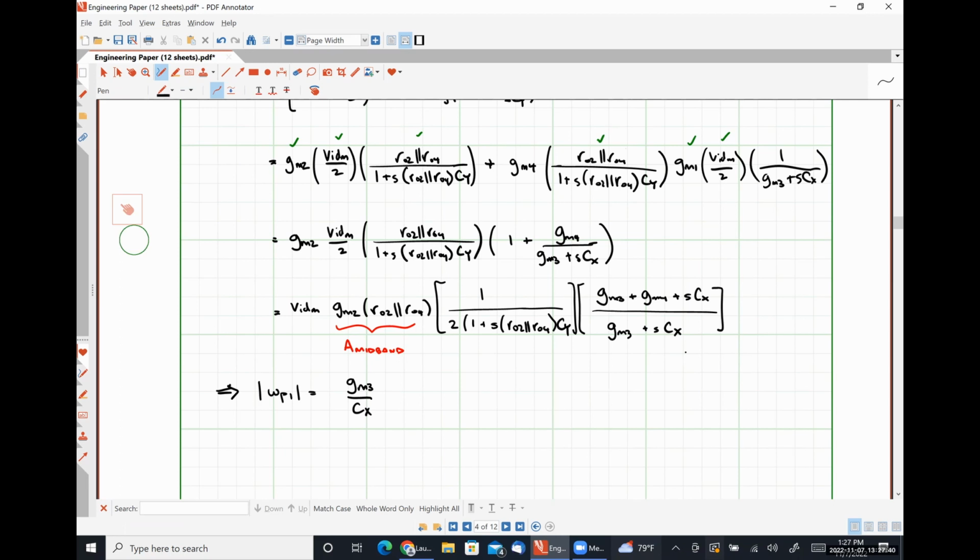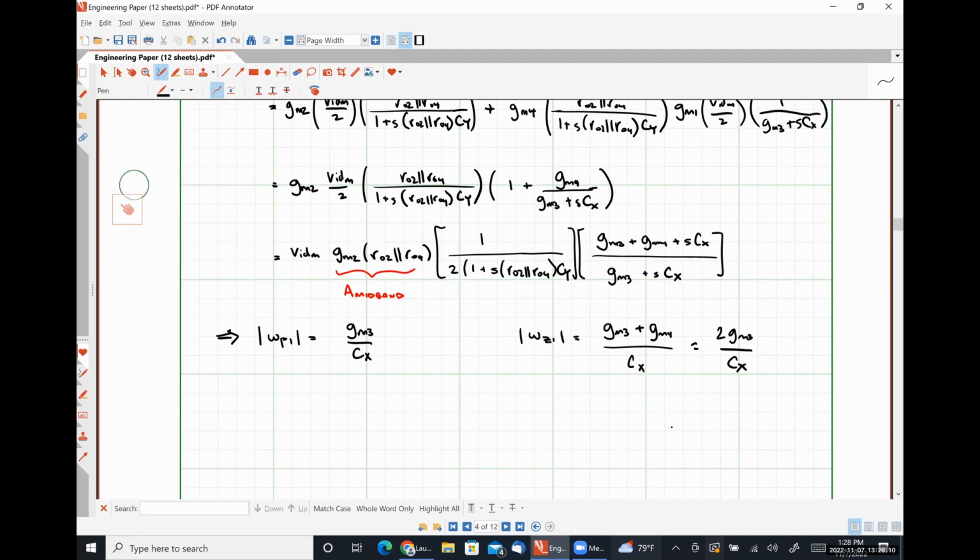I'm also going to get a 0 from this part. So omega Z1 is going to be GM3 plus GM4 over CX. And since GM3 and GM4 should be identical, we can just call this twice GM3 over CX.